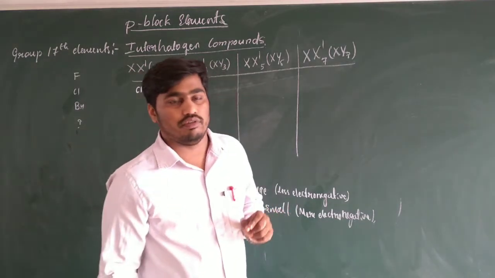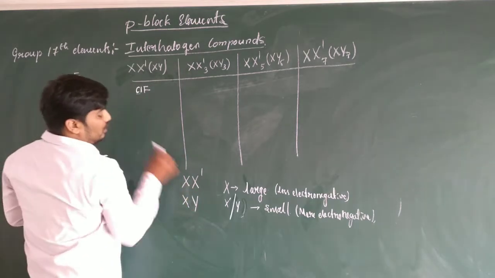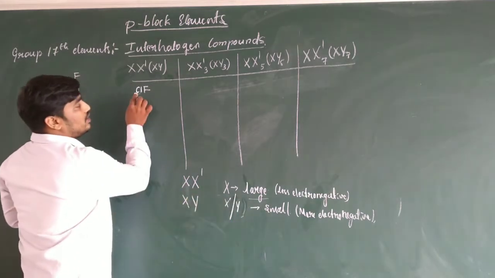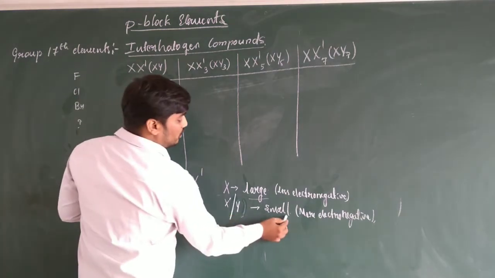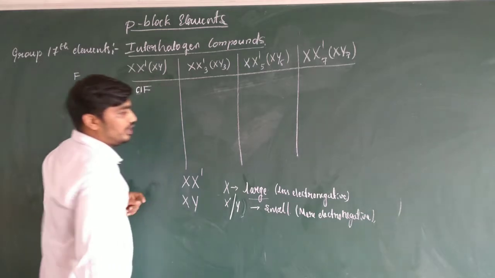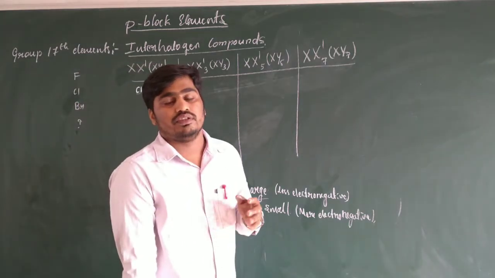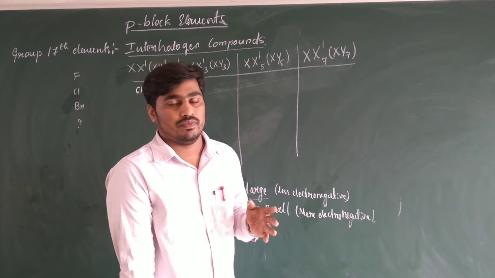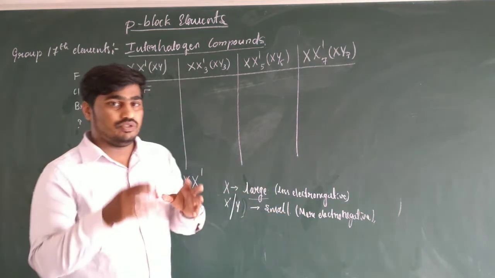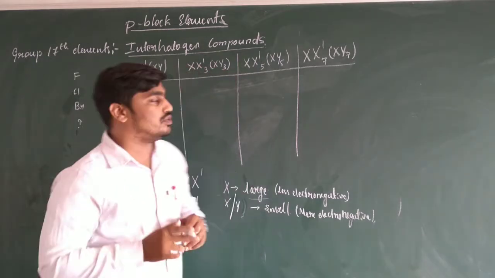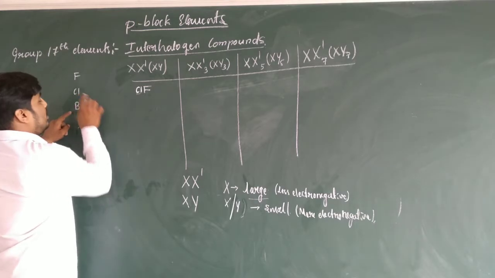Here Cl is larger in size and less electronegative, while fluorine is smaller in size and more electronegative. Yes, it holds good. The compound exists because of the smaller size of fluorine. Because of its smaller size, fluorine has the ability to react with chlorine, so they form a stable compound.